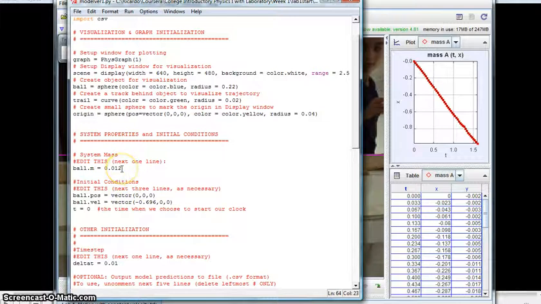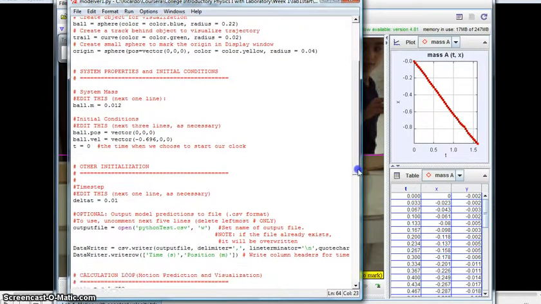The mass for the marble is 12 grams, even though I need to mention that this information is very important for this experiment because according to Newton's second law, acceleration is going to be the net force divided by the mass. And since this is a motion with constant velocity, the mass is not important because the acceleration is going to be 0. So it doesn't matter which mass I put here, the result will be pretty much the same.